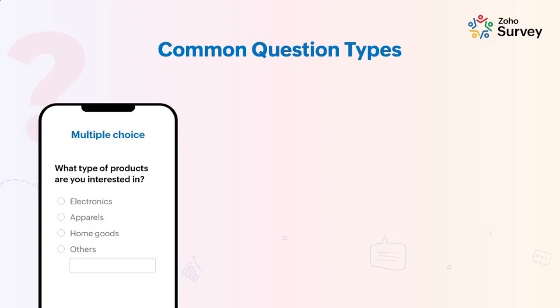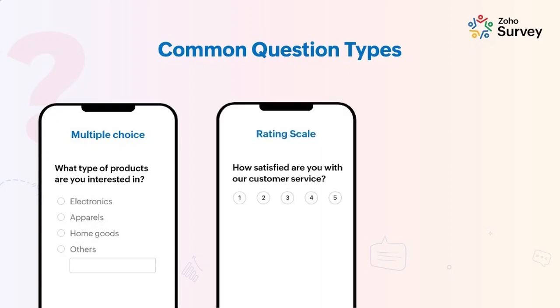Then, to understand customer sentiments more deeply, we use rating scale questions. They ask respondents to rate something on a predefined scale, like 1 to 5 or 1 to 10. This scale might measure satisfaction, frequency, loyalty, or quality. They are highly versatile and offer quantifiable data.